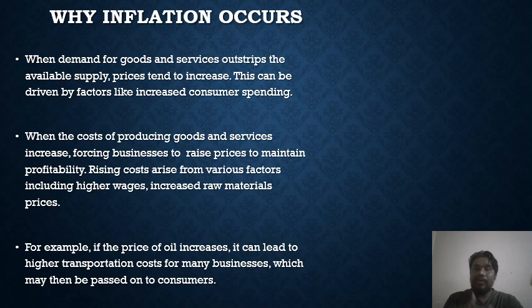Prices tend to increase because supply is less and demand is high. So it causes a rise in the value of production. Prices of production cost also increase, and that's why it causes inflation.